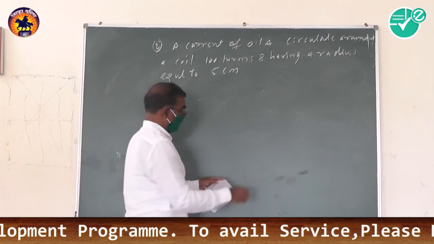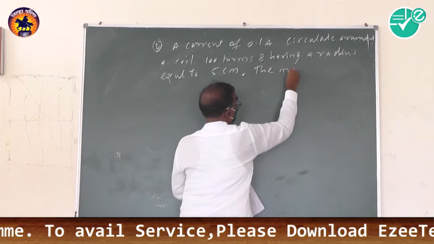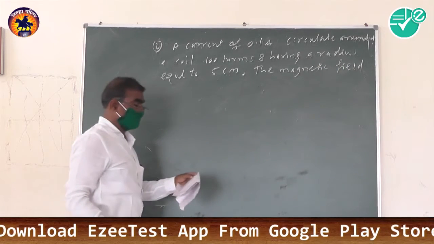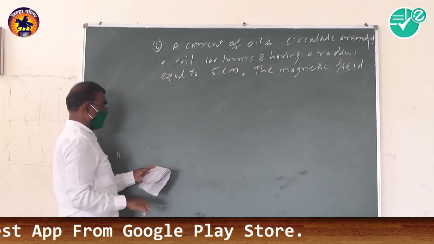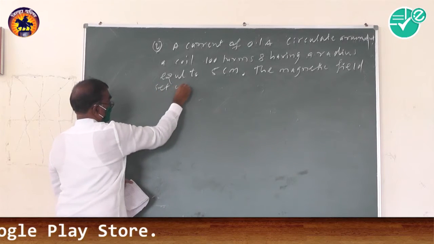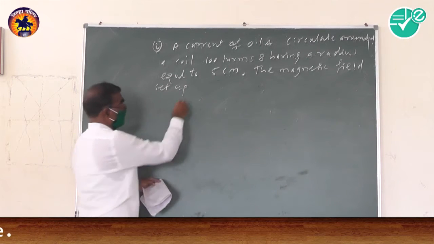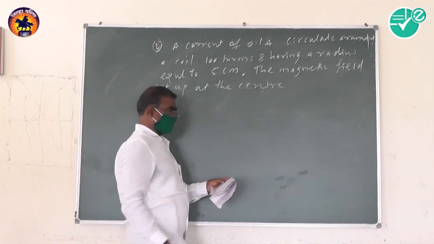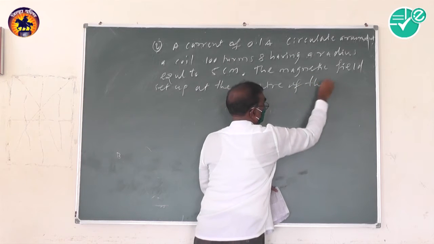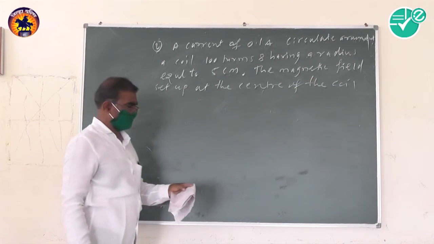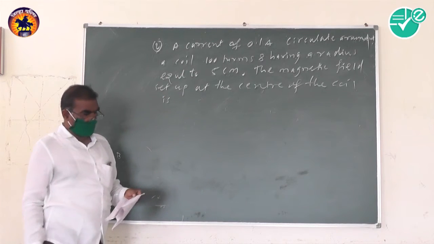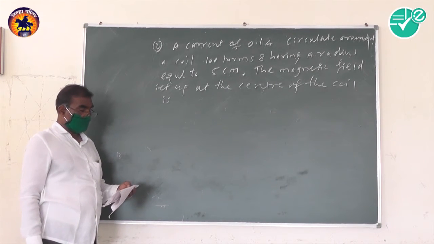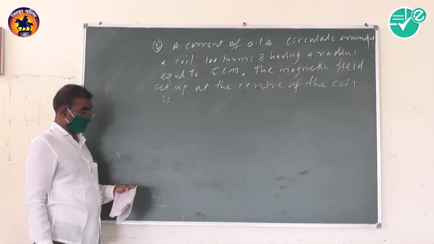The magnetic field at the center of the coil is, this is also asked in CET, PMT, question asked on this PMT 1993.